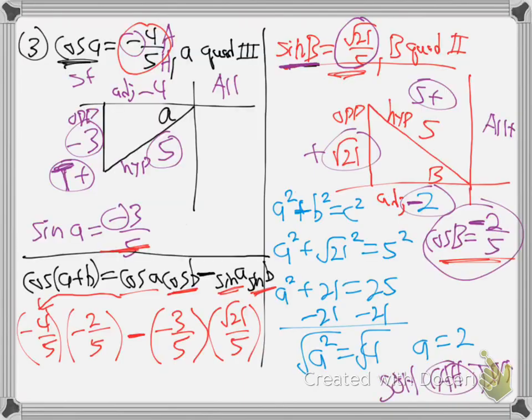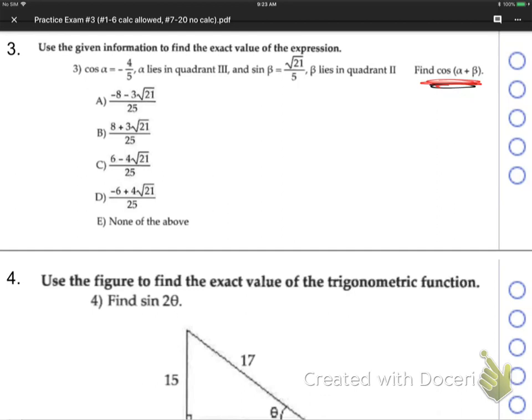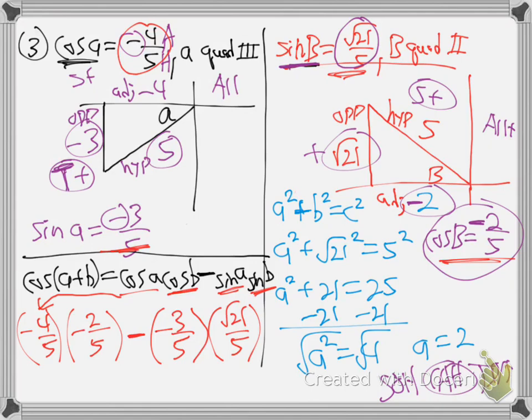All right. So we got to simplify this and we're done. Everybody good to here? I plugged in, so we're doing cosine of A plus B. That's what they asked me. I wrote out the formula, plugged in the four things we found: sine and cosine for A, sine and cosine for B. Let's work it out now. These two multiply to positive 8/25.